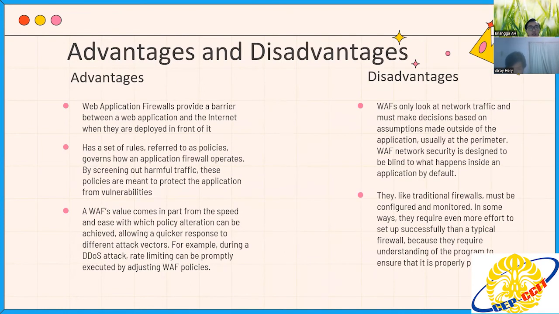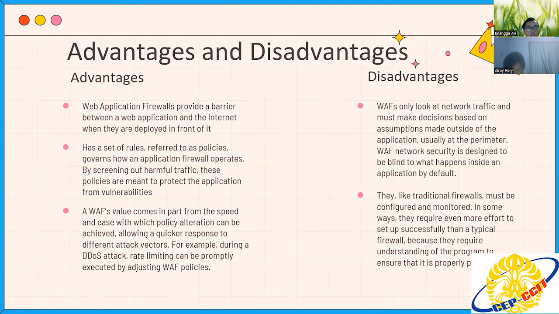And now we go to the advantages and disadvantages. First is advantage. A web application firewall provides a barrier between a web application and the internet when deployed in front of it. And the second one is WAF has a set of rules referred to as policies that govern how an application firewall operates. By screening out harmful traffic, these policies are meant to protect the application from vulnerabilities.